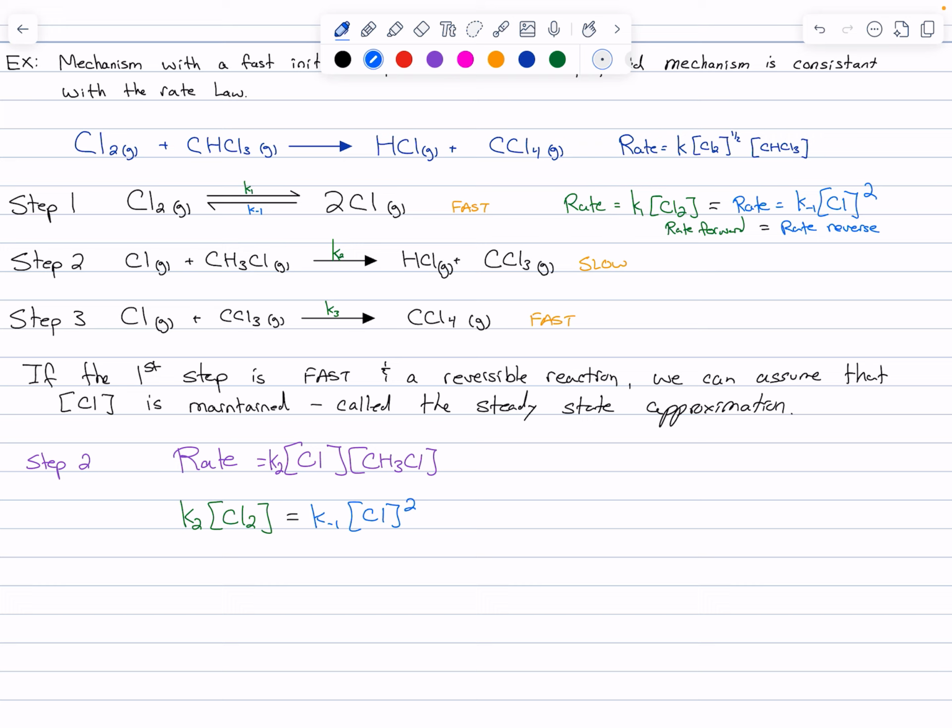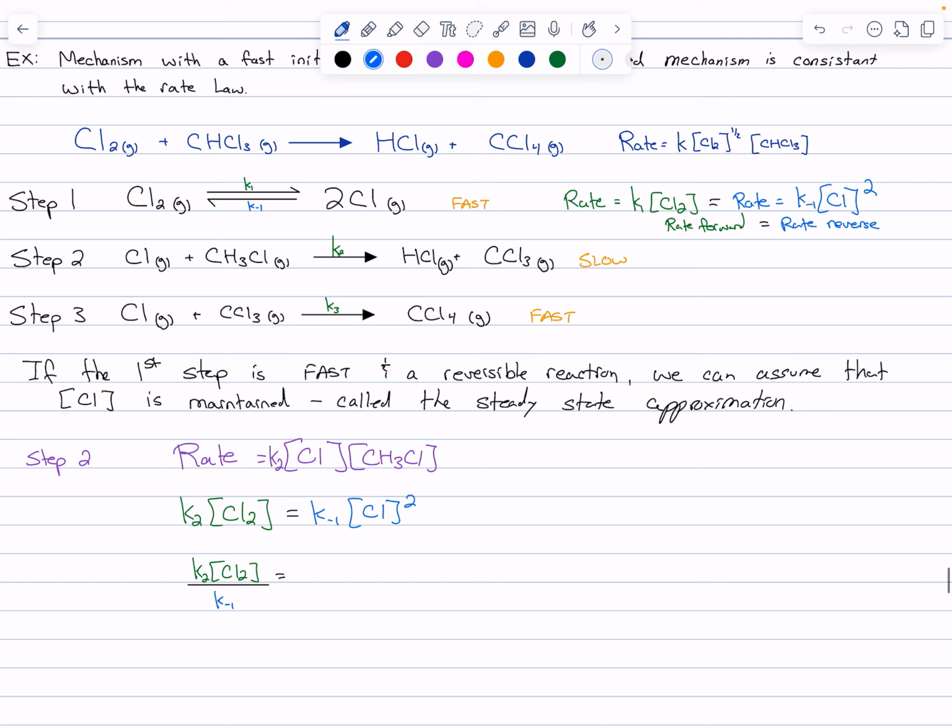So I divide both sides by K negative 1. That means K1 times the concentration of Cl2 divided by K negative 1 equals Cl squared.